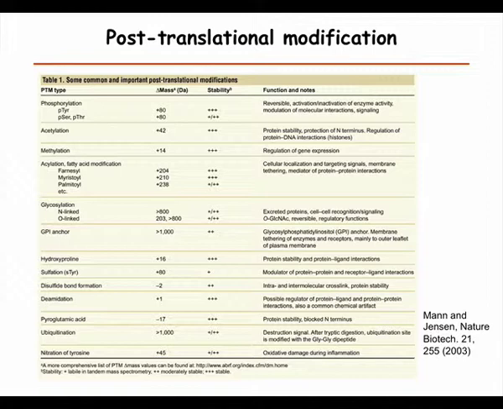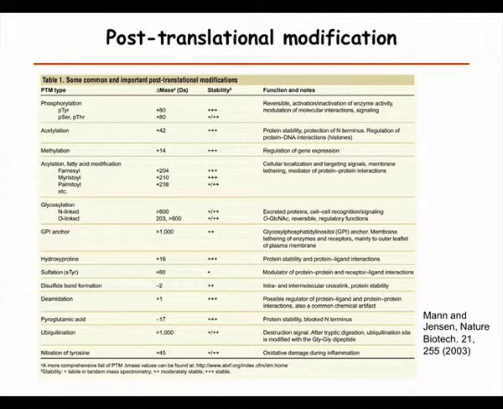Phosphorylation is by far the most popular one to study. But then also acetylation, and people have looked at ubiquitination and so on. Some modifications are easier to study than others, and that's also a reason why some are more studied than others.